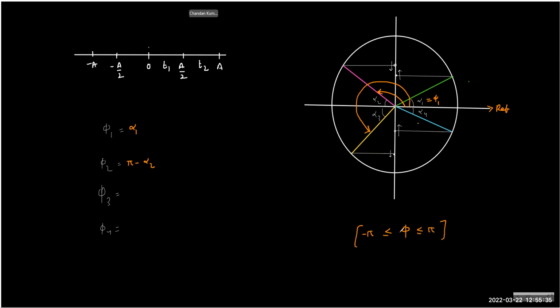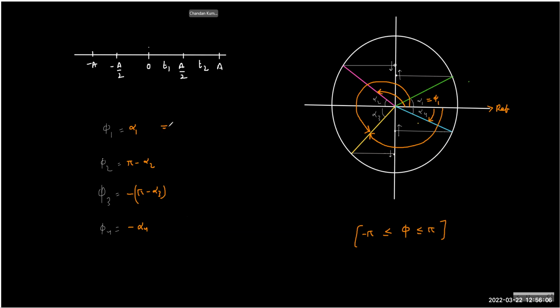Therefore, if something exceeds the pi value, we go in the reverse direction. So this angle is how much? It is pi minus alpha 3, but with a negative sign. And what about alpha 4, phi 4? Again, it's the same thing. It is alpha 4 with a negative sign. Is it clear? Yes, sir.